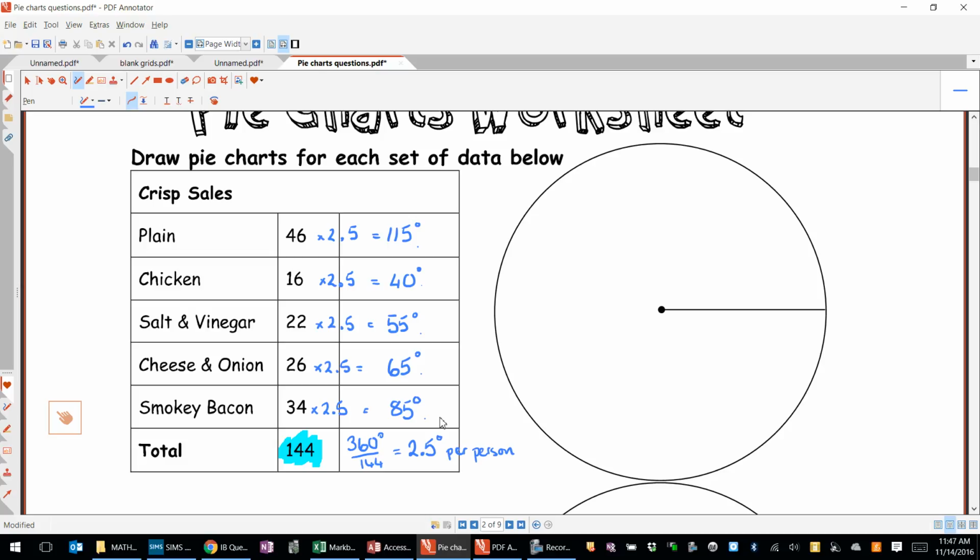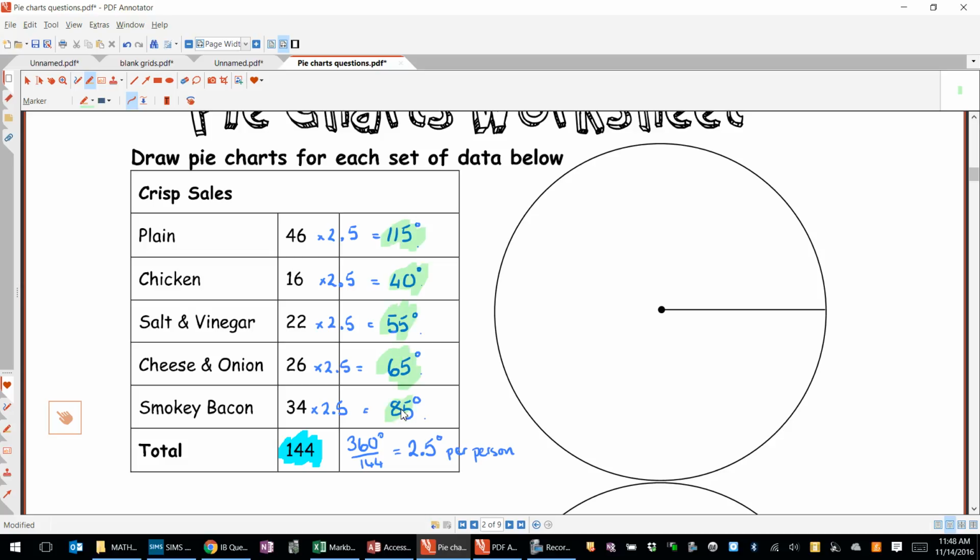All of the numbers add up to 144, so all of these have to add up to 360.